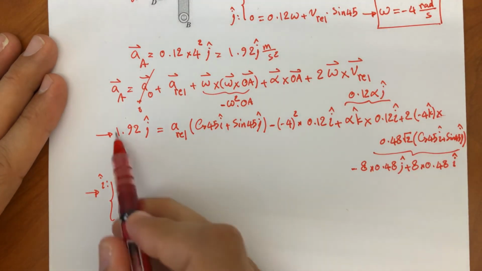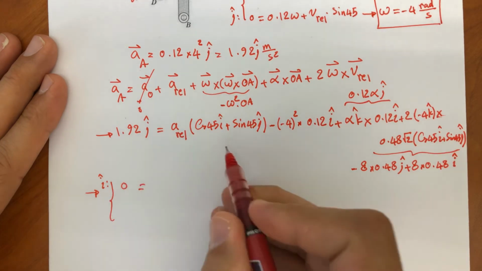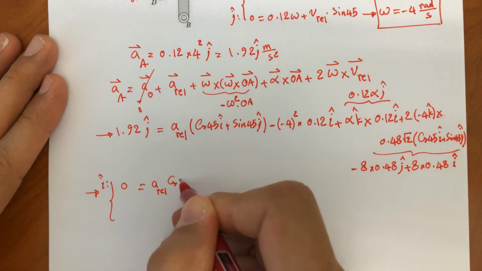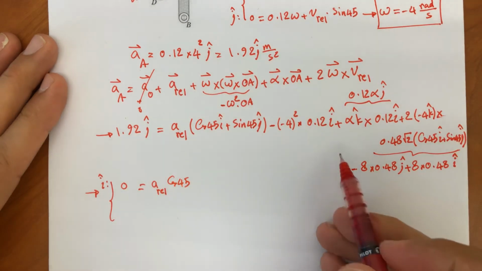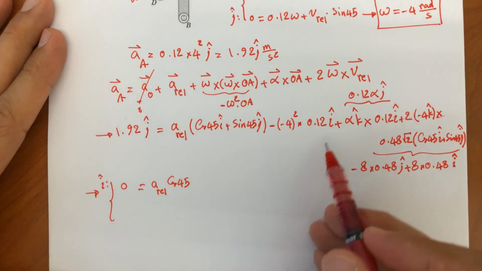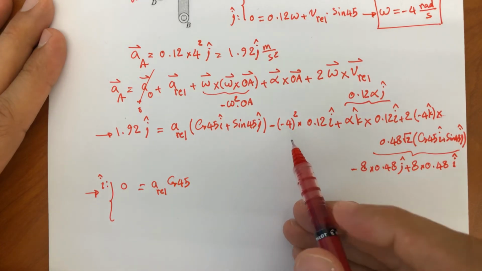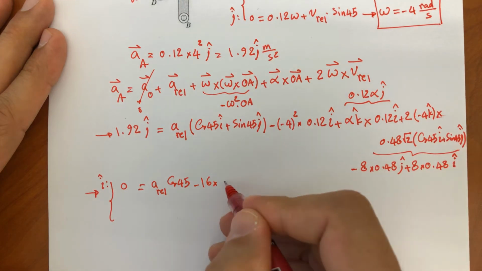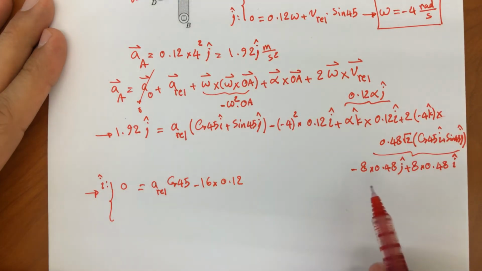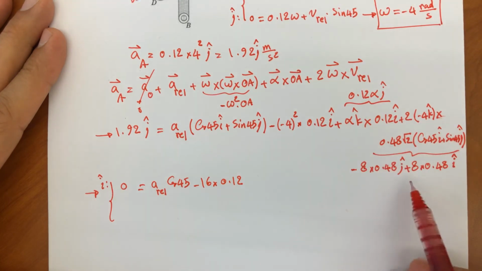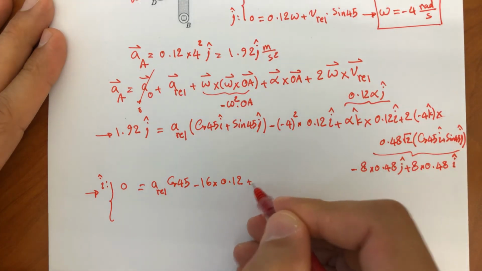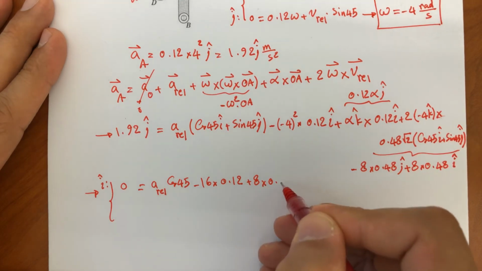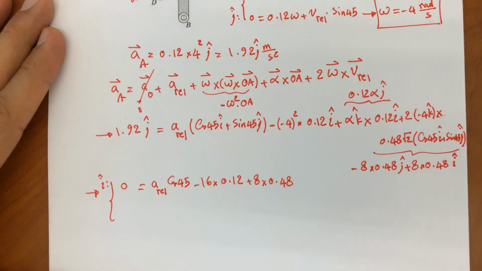In the i direction, we have nothing here, 0. On the other side, we have A rel times cosine of 45. Then we have this part, negative 16 times 0.12. Then we have this part, plus 8 times 0.48.